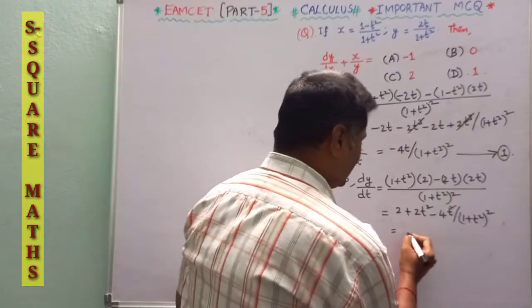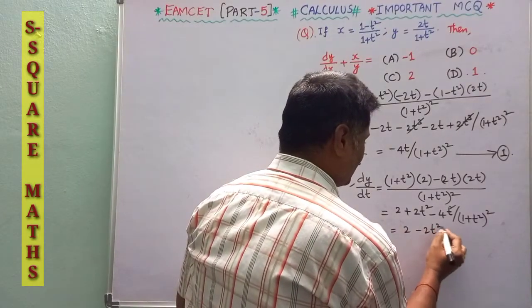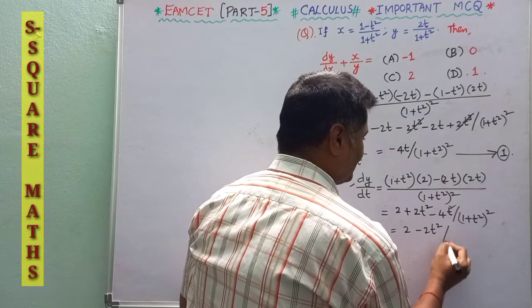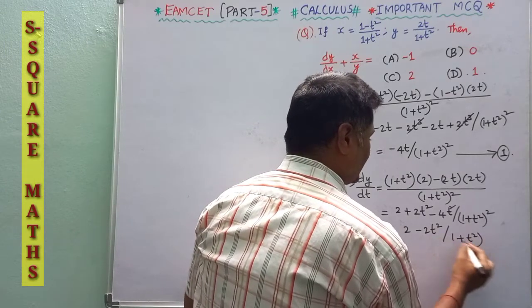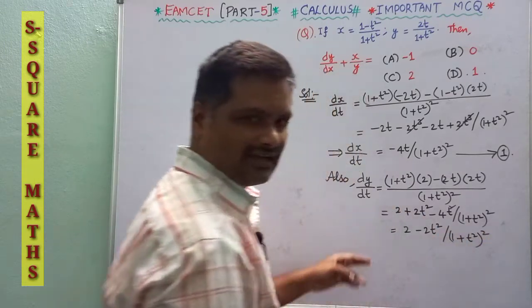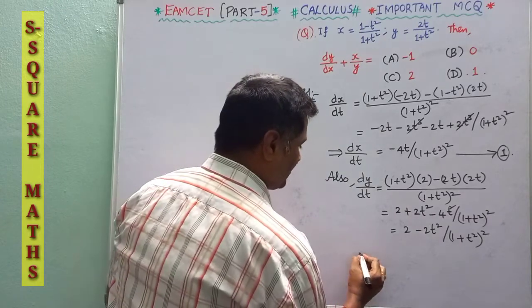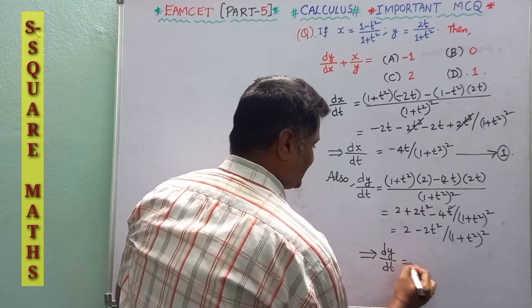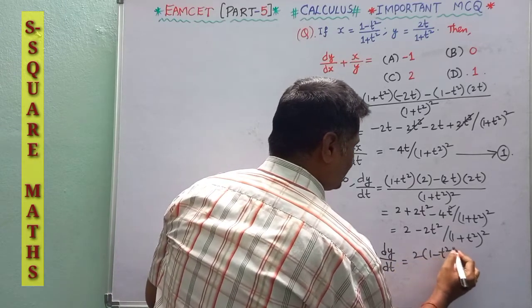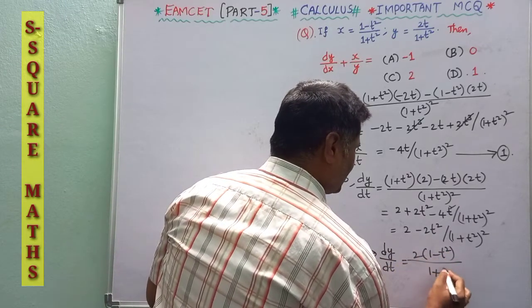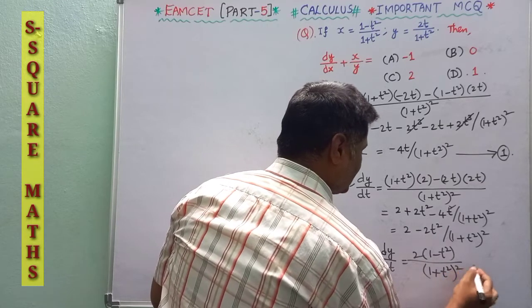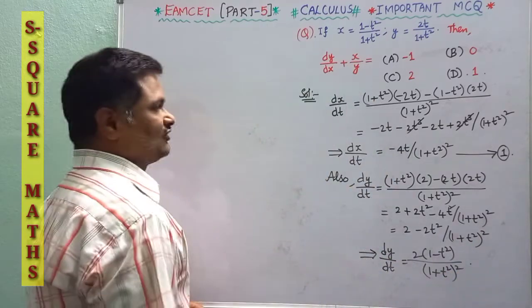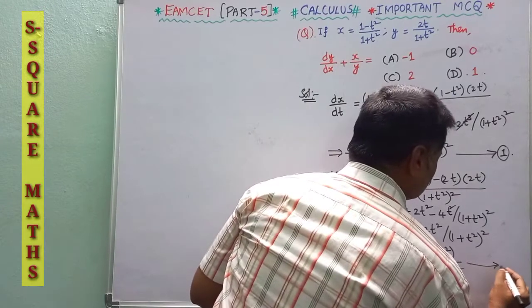So I can write 2 minus 2t square by (1 plus t square) the whole square. Taking 2 as common and writing directly, my dy by dt is nothing but 2 times (1 minus t square) by (1 plus t square) the whole square. Label it as equation number 2.